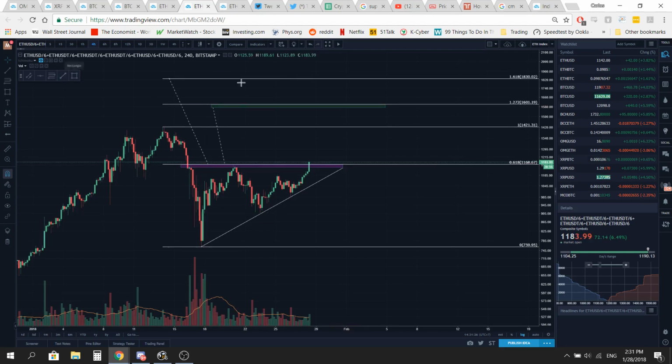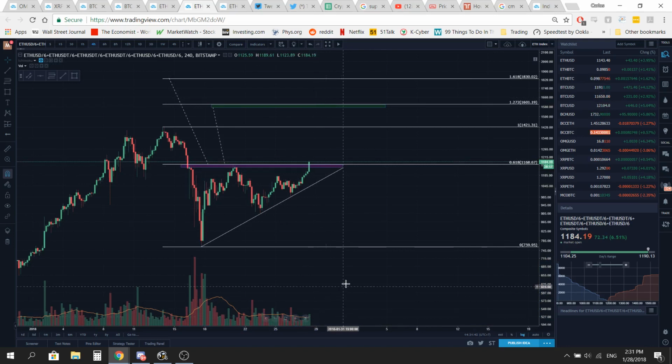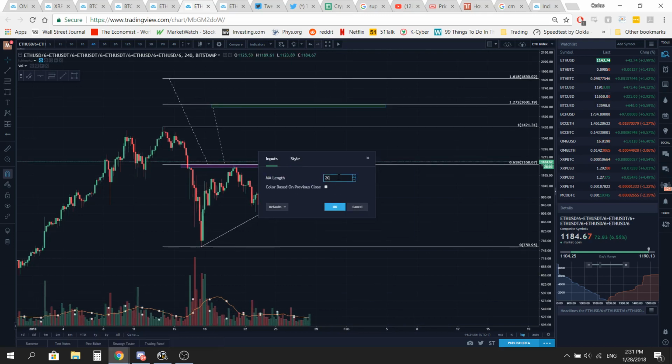Looking at volume here, we're seeing a nice volume profile. We know across triangles we want to see descending volume as it consolidates towards the end of the triangle here. And we are seeing pretty low volume here on this breakout we're currently watching. But remember, let's change this, this should be 30.